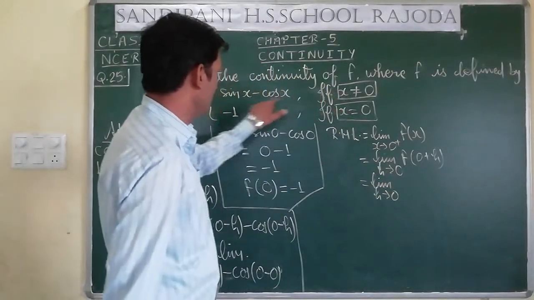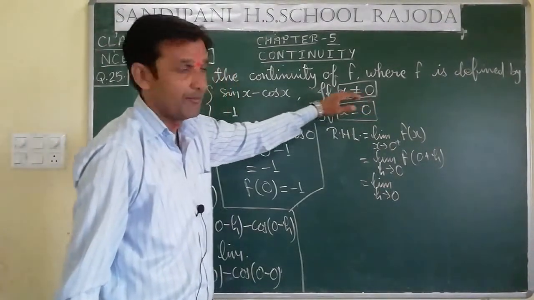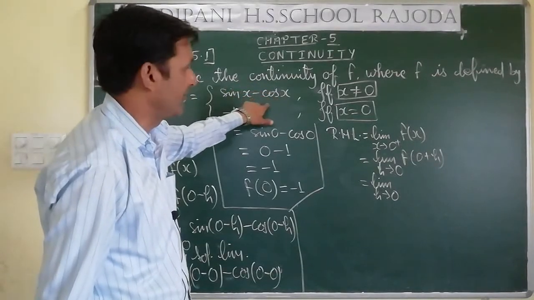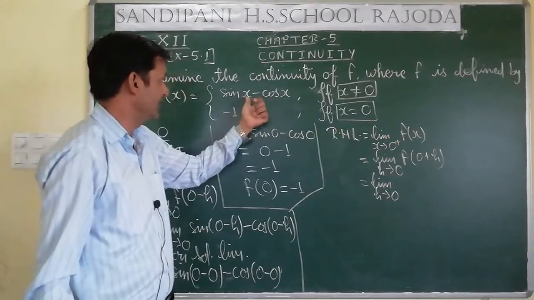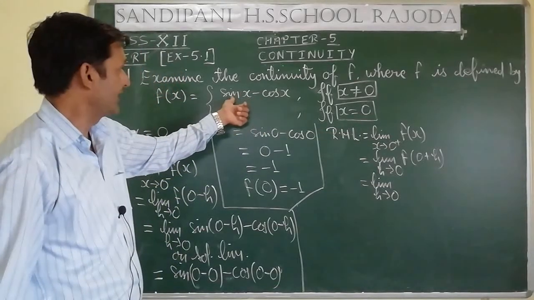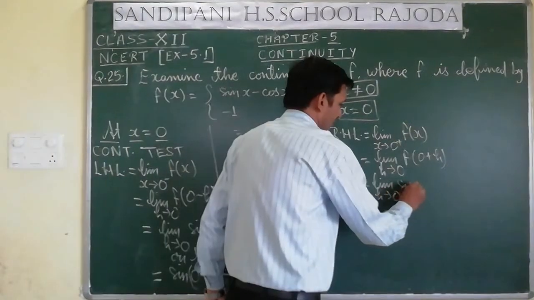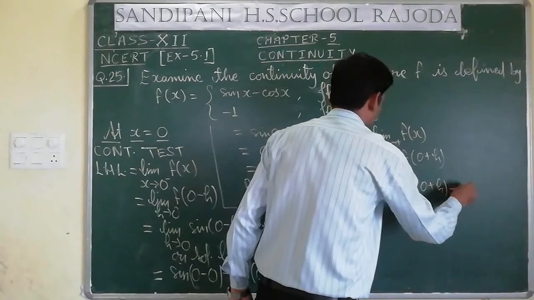It is equal to limit h tends to 0. For 0 plus also this part is applicable, because if the not equal to sign is there, it means this will be applicable for LHL and also for RHL. So we are putting in place of x, 0 plus h in this part of the function, that will be sin 0 plus h minus cos 0 plus h.